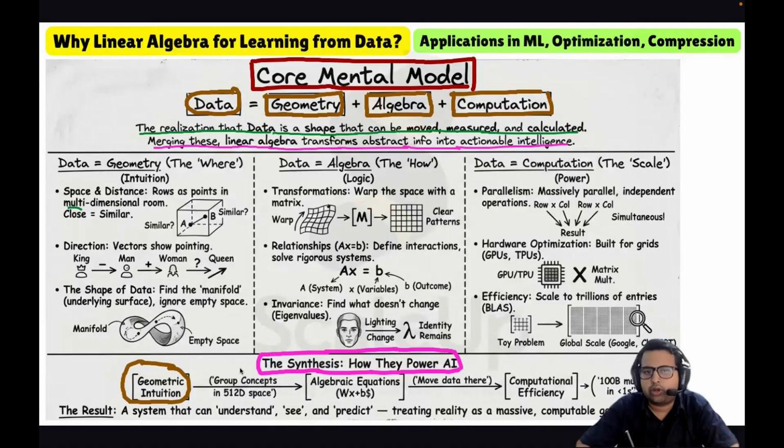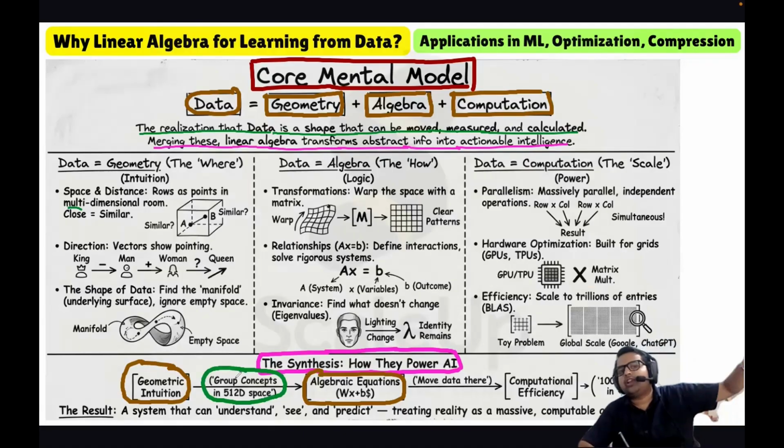So group concepts in 512 dimensional space. The algebraic equation like Wx + b tells the model to use this specific matrix multiplication, Wx plus b, to move the data there.